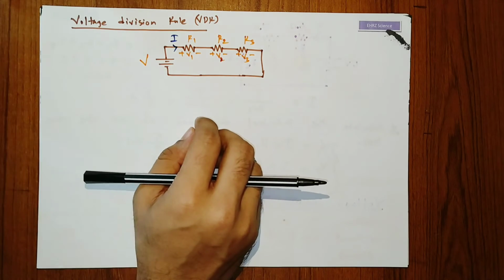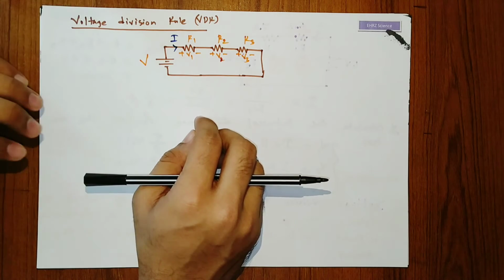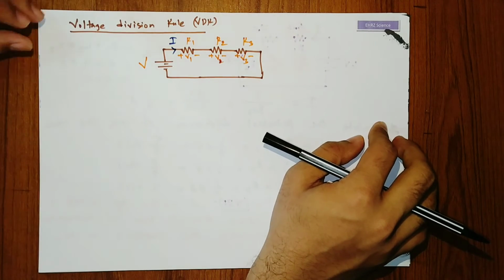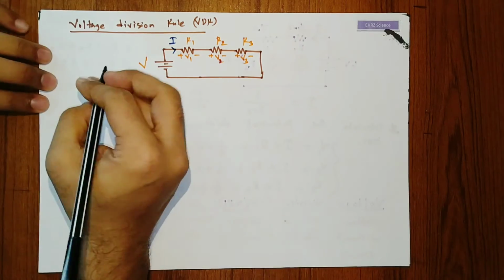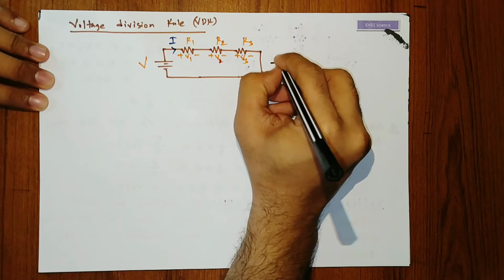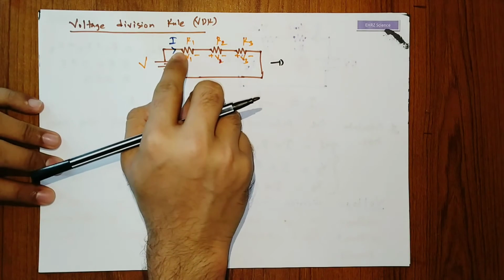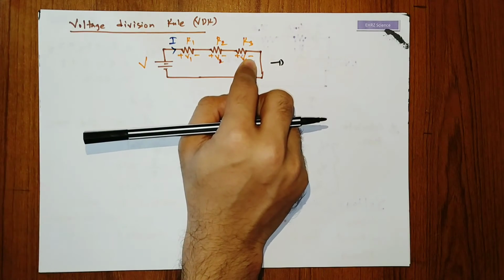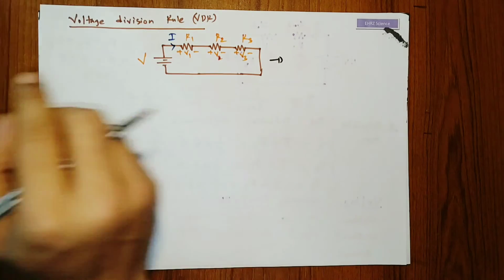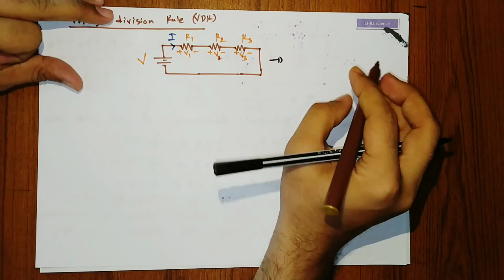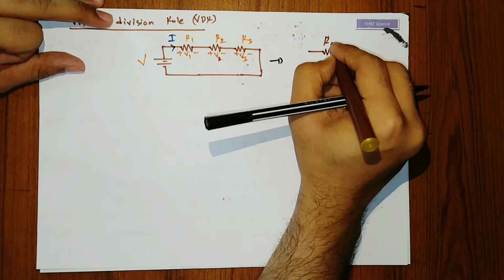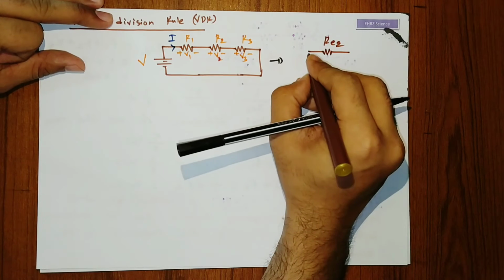You will see how powerful this voltage division rule is. It will save a large amount of time. We all know that these three resistors R1, R2 and R3 are in series. So the equivalent resistance of all these three resistors is R eq.